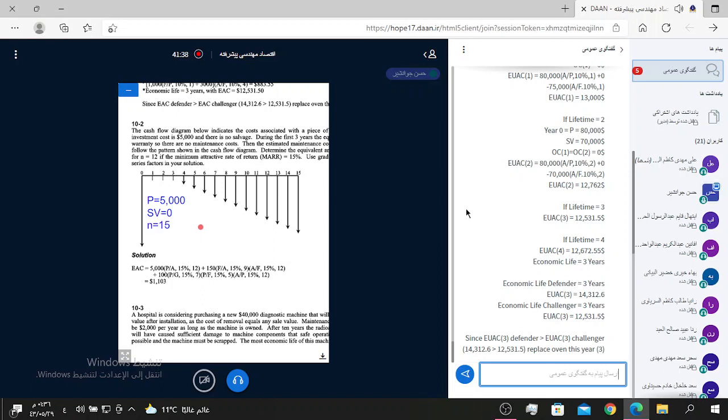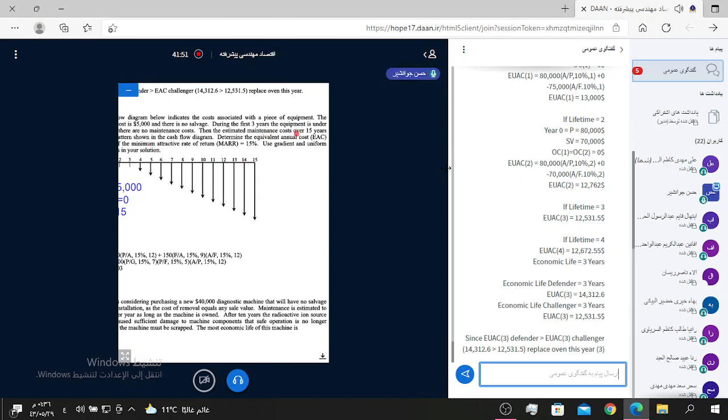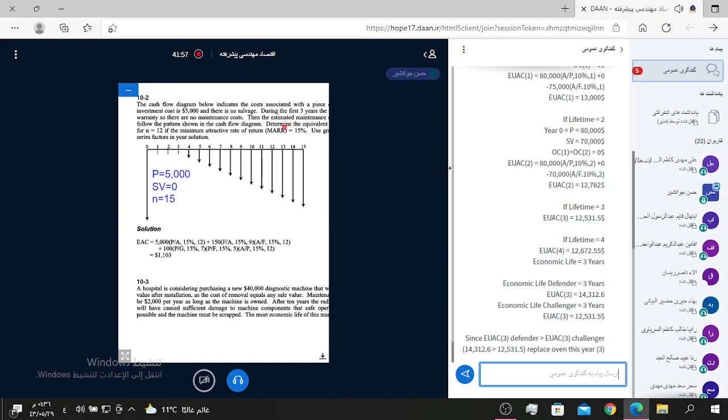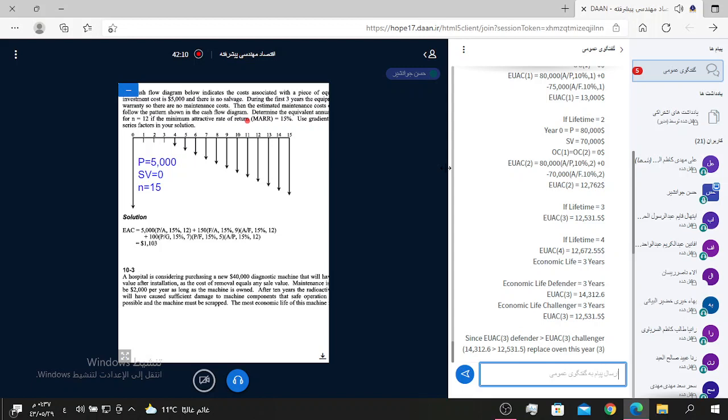Drawing at first 3 years, the equipment is under warranty, so no maintenance for 3 years. After 3 years, there is maintenance, for 12 years.